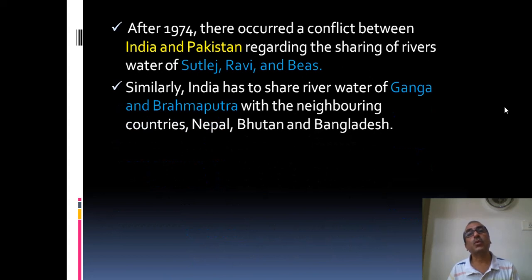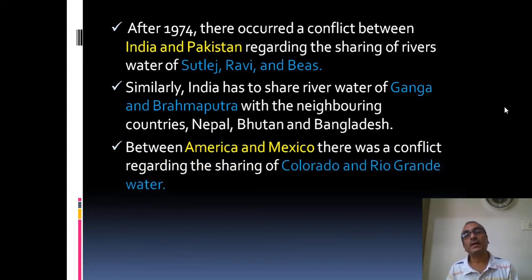Similarly, there was also a conflict over the rivers Ganga and Brahmaputra, and the Indian government had to allow the neighboring countries also to use the water from Ganga and Brahmaputra.